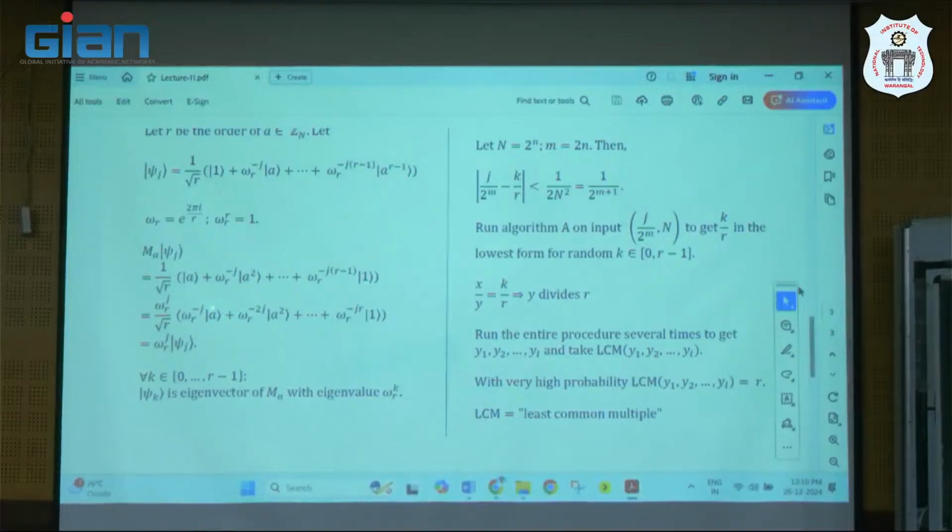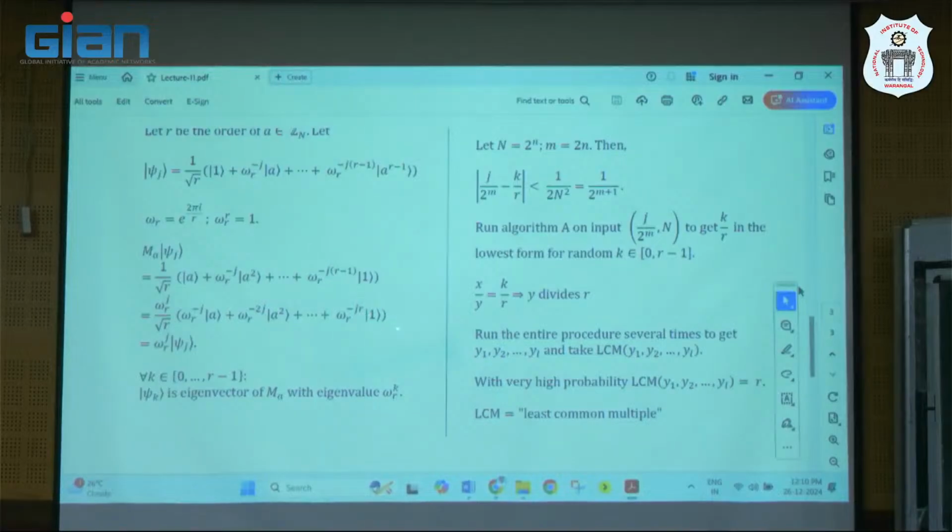Now you have all this. Now you take omega_r^j out. 1 becomes omega_r^(-j). This becomes 2j, 3j. This becomes minus jr. Now you note that omega_r^r is 1, so this becomes 1, and minus j doesn't matter, you get 1.